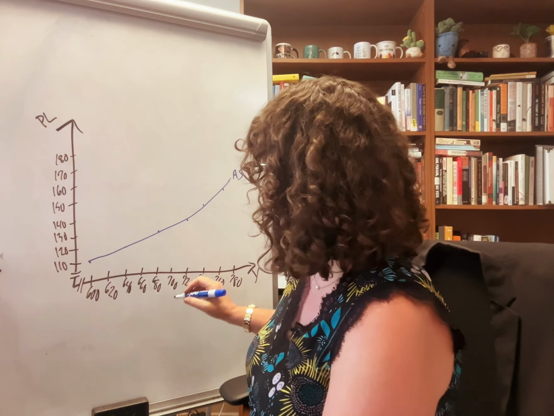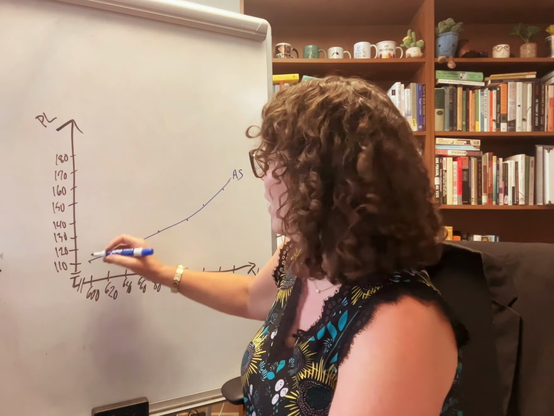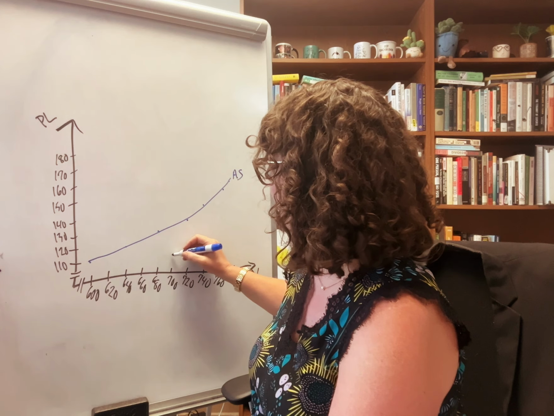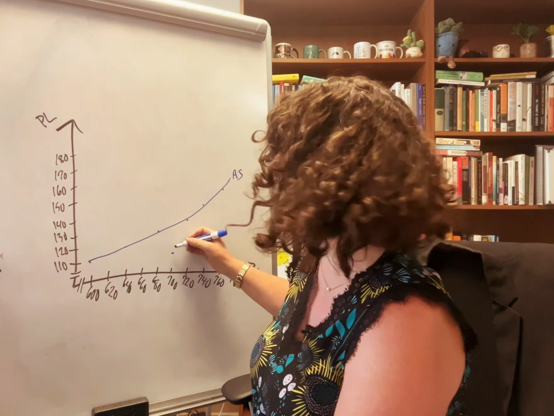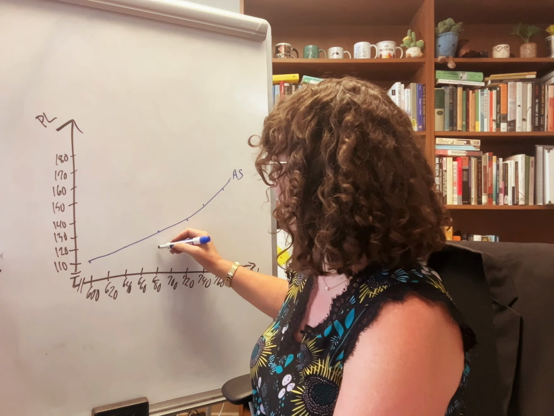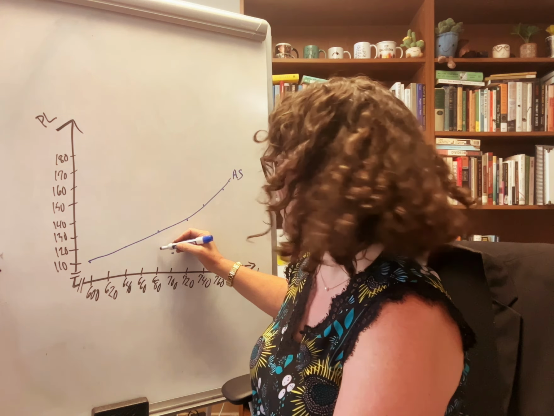Now we can throw aggregate demand up when the price level is low at, say, 110. Aggregate demand is going to be relatively high at 700, but as the price level increases, aggregate demand is going to decrease.